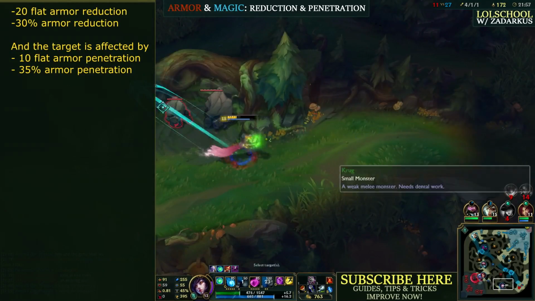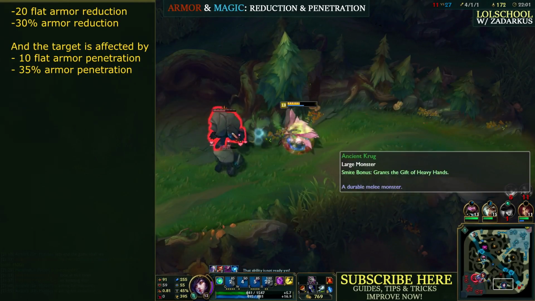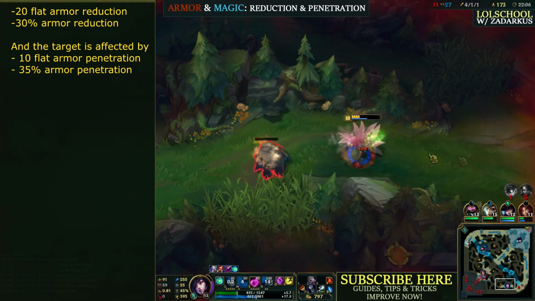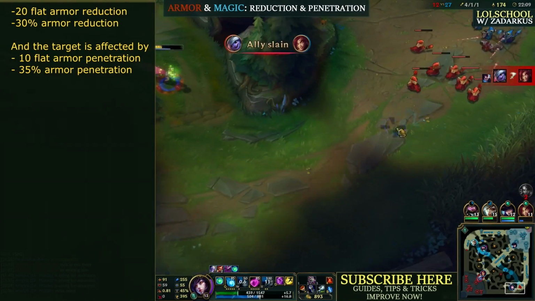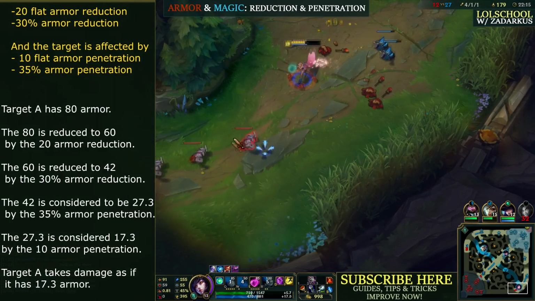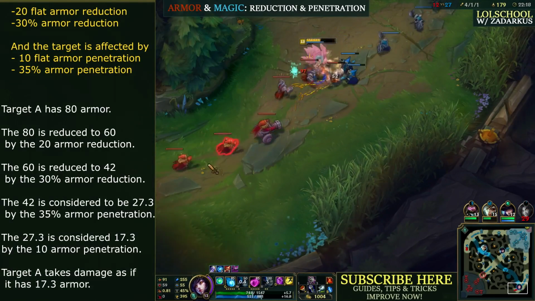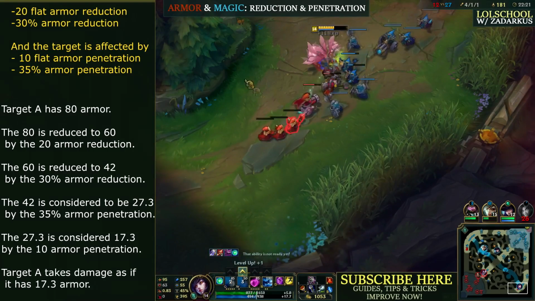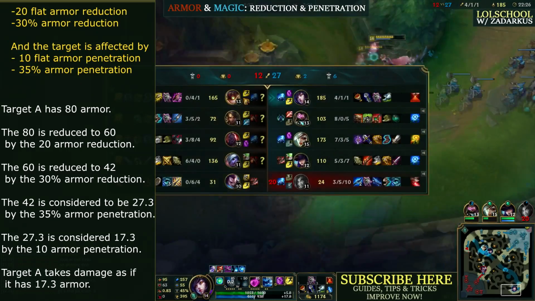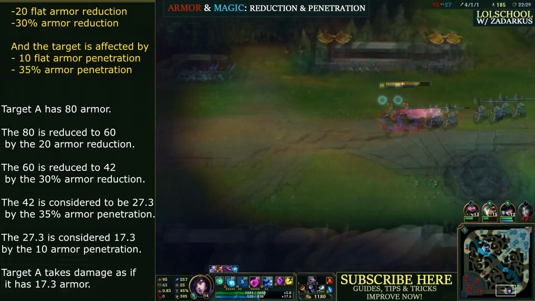Say you are giving 20 flat armor reduction and 30% armor reduction, and the target is affected by 10 flat armor penetration and 35% armor penetration. Let's say that target A has 80 armor. This 80 armor is reduced to 60 by the 20 armor reduction. The 60 is reduced to 42 by the 30% armor reduction.